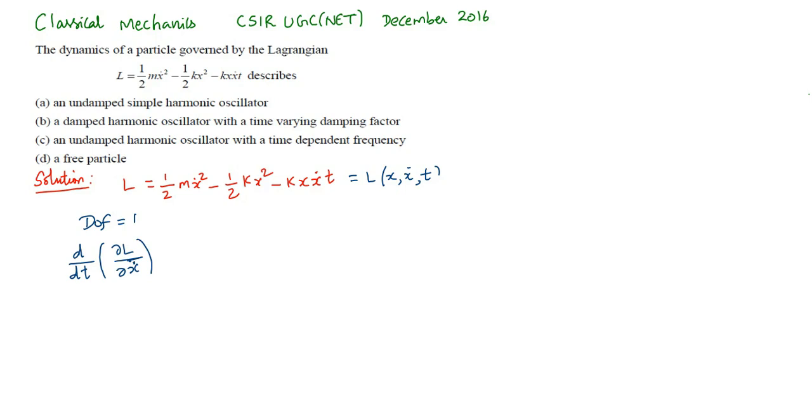Let us calculate partial L by partial x dot. This is m x dot, and there is x dot in the last term, so minus k x t.